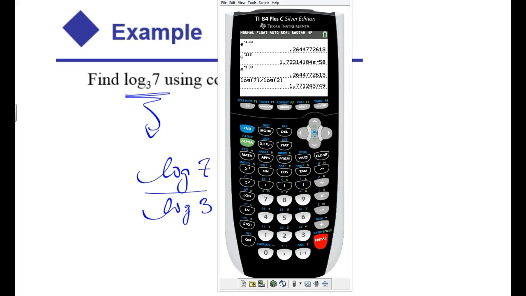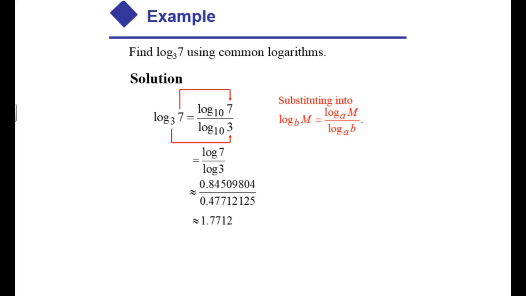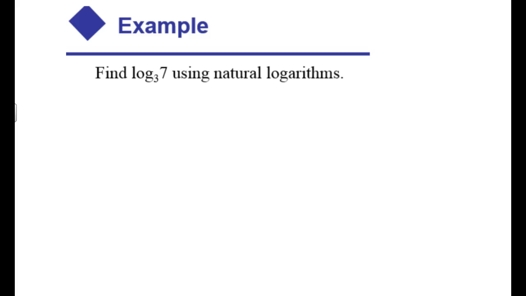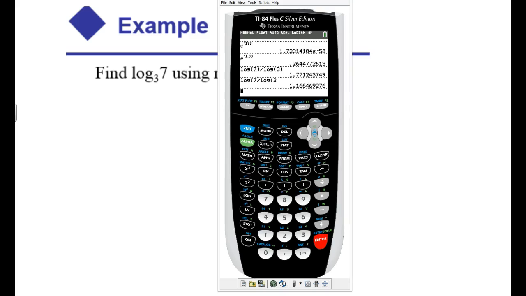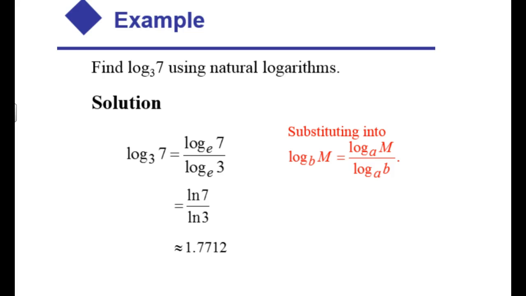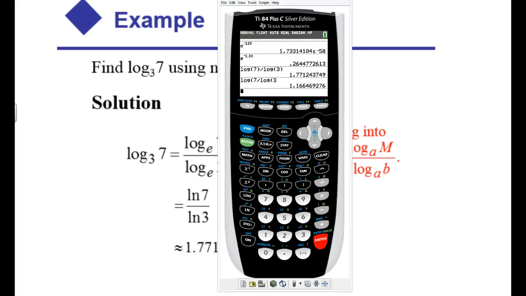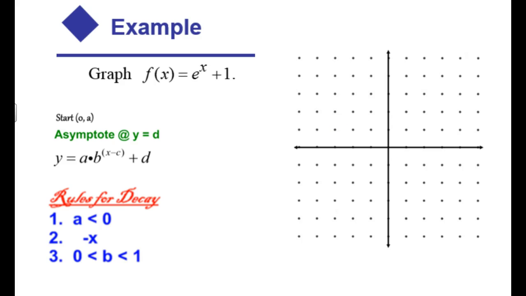So the danger here is if students type in the log of 7 and just type in divided by the log of 3 without the parentheses, then we get a very different answer. So make sure that you enclose a parentheses after that 7. So this one says the log of 7 divided by the log of 3, we just did that. There you go, 1.77. Good.